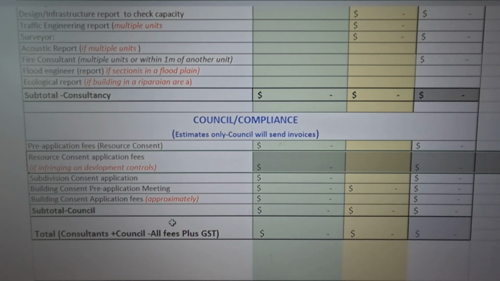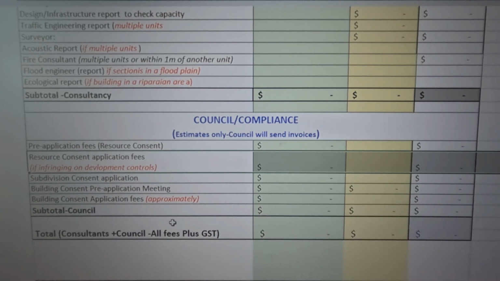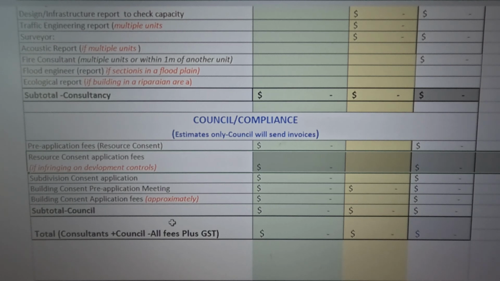The meeting just takes you through your proposal and the things that council will be looking for when you submit your resource consent for approval, etc. So it highlights some of the key things that council will want to be looking at before you go any further.